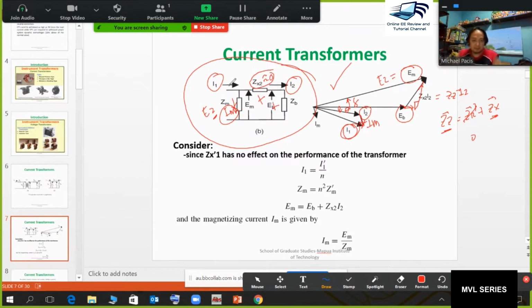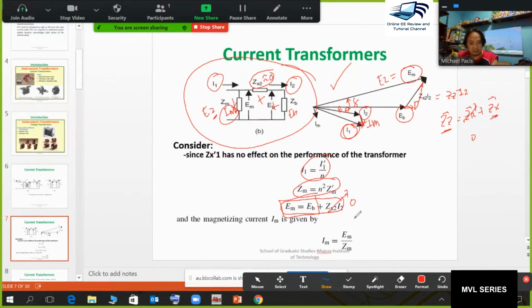Now we can consider the following. This is the conversion factor with respect to the secondary side, and then definitely you can get EM from EB. You have your EB here, plus the drop I times ZX2. But if ZX2 is zero, EM is EB.